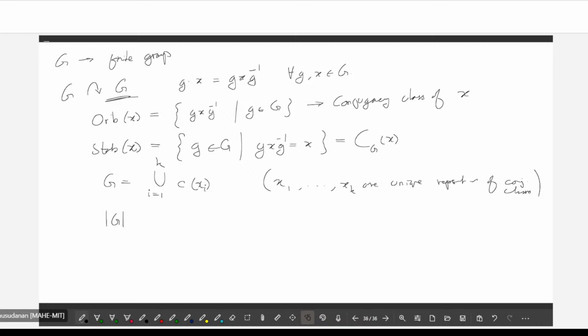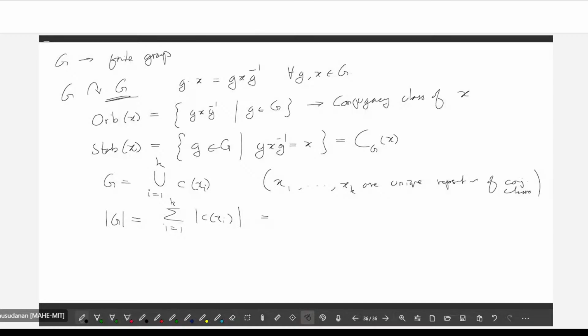So the order of G is equal to the summation over representatives. Understand that I'm not taking the sum over x in G, only one element from each conjugacy class, right? Otherwise, this is going to be counting elements again. So take only unique representatives from every conjugacy class and sum that.